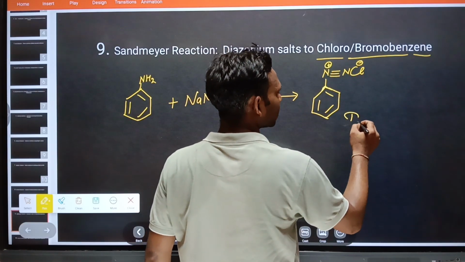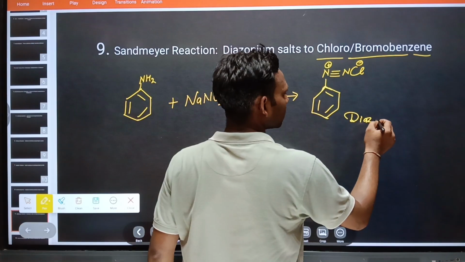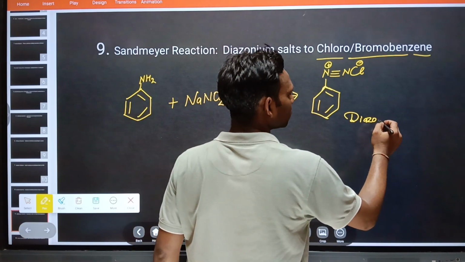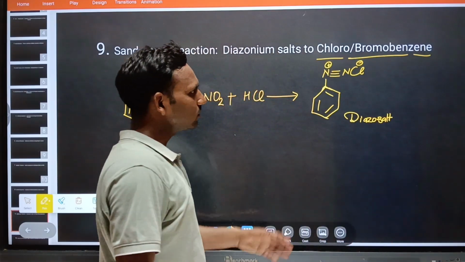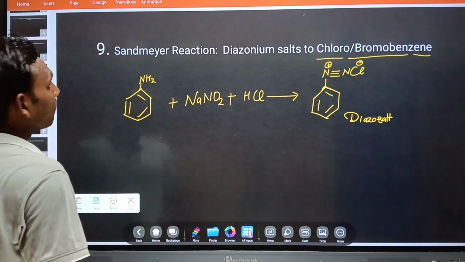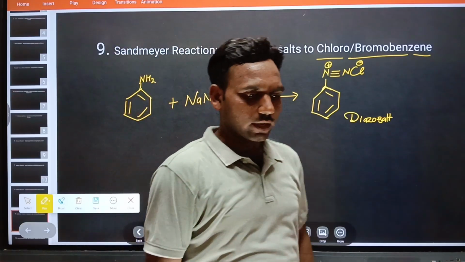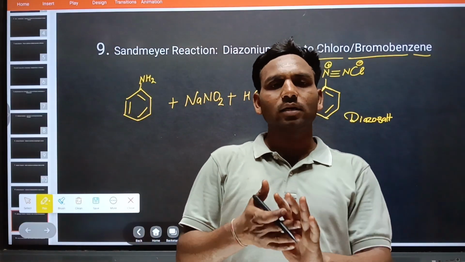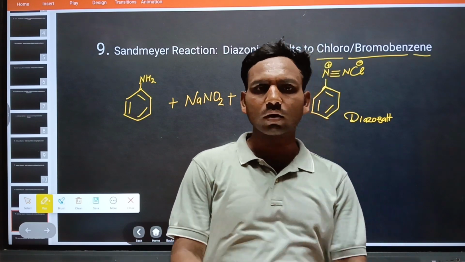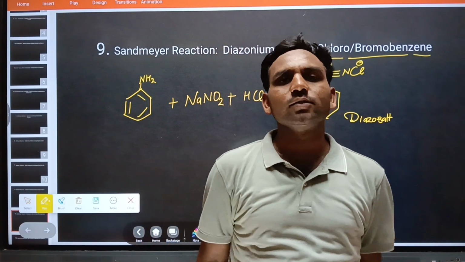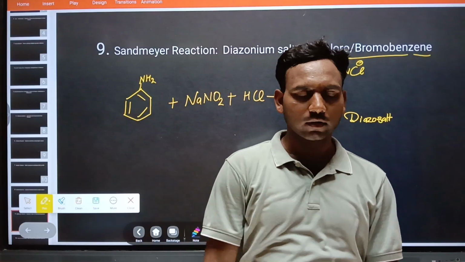That compound's name is diazo salt, or diazonium chloride. With the help of diazonium chloride or diazo salts, chlorobenzene, bromobenzenes or phenols, many different types of products form.